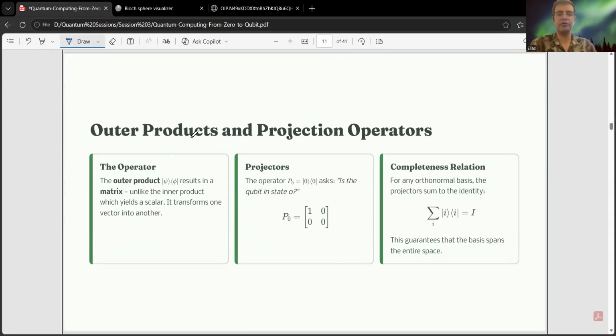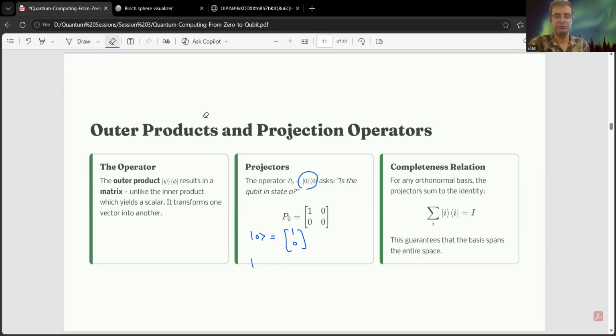Also, we have the outer product. The outer product is quite different because this time we are doing this. For example, if I want to find this, |0><0|, I try to show the 0 in the vector representation.